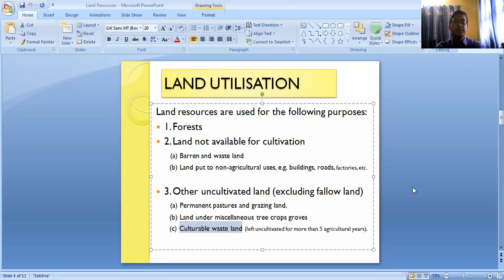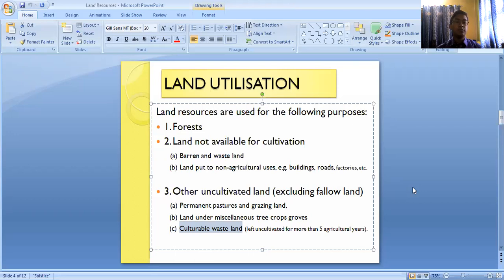Such culturable wasteland can be found near urban areas, in the suburban areas, because the farmers there are engaged in other activities and not in agriculture. They leave their agricultural land without any purpose, not doing agriculture on it, and it is left for more than 5 years.